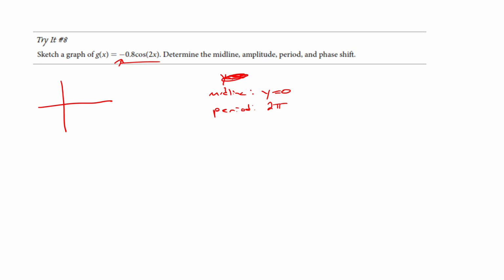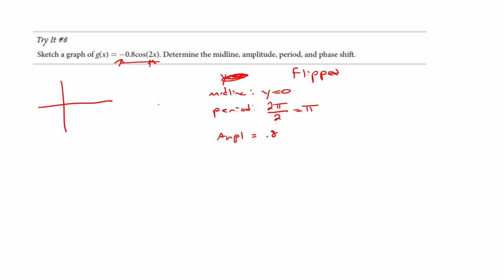So we do 2 pi divided by that b, and my period here is going to be pi. So this thing has been compressed. Amplitude is 0.8. It's also flipped upside down, so be careful of that. And we don't have any right or left shifts.